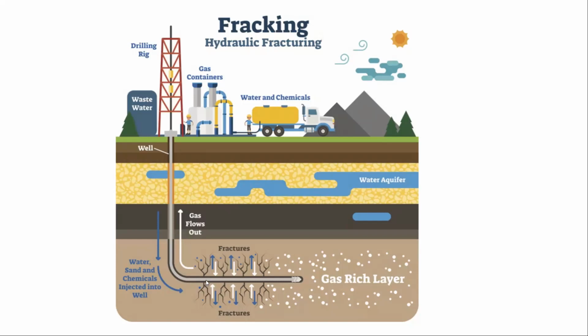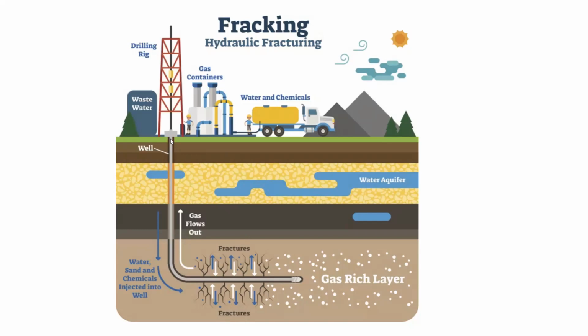And then there's a little bit more going on, but they get these fractures, these cracks in the earth. And then what they do is they pump a whole bunch of water along with some other chemicals in here. And then the pressure from that ultimately forces out the natural gas, which then just flows out of the well and then can be collected.